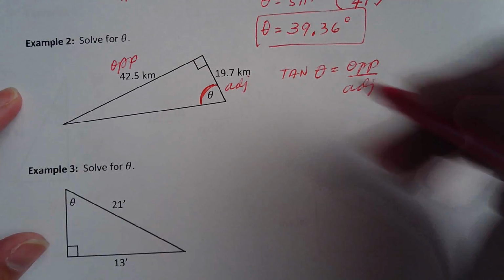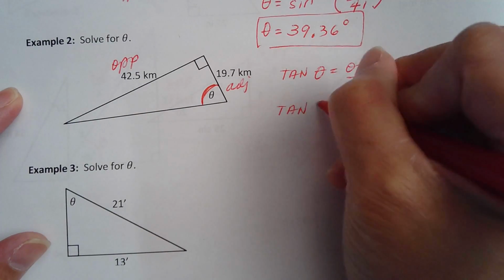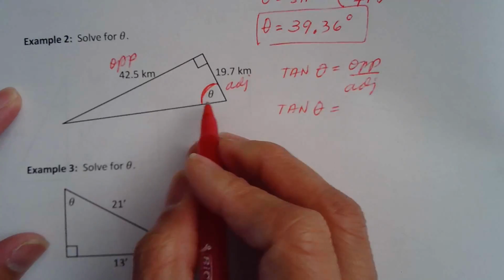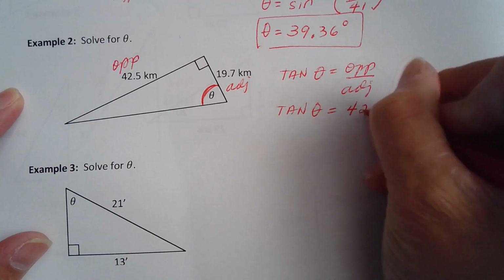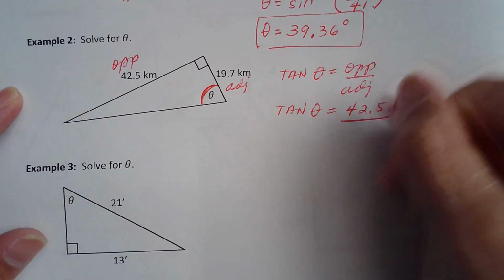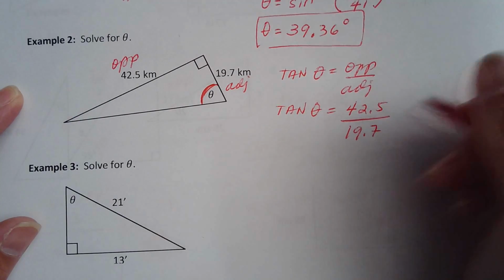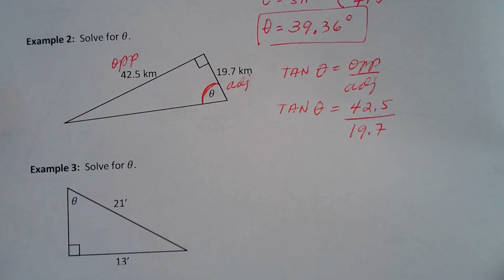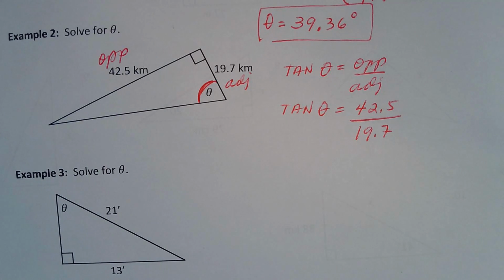Substitute the values in. So tan theta, opposite is 42.5, adjacent is 19.7. Okay. Now, what are you going to do to isolate theta?